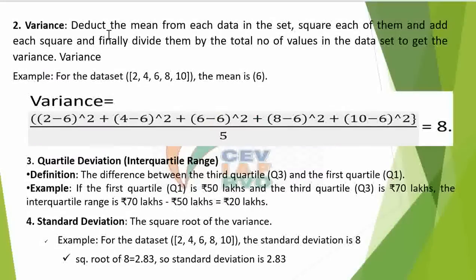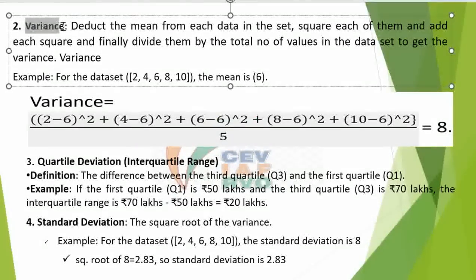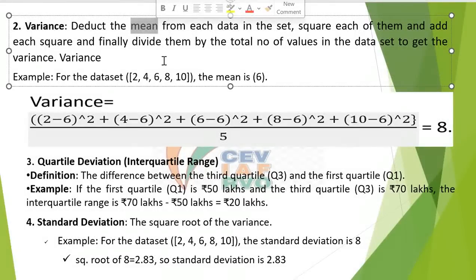Next is variance. How can you calculate the variance? See here. First, deduct the mean. Means you have to first calculate the mean. Mean of what? Mean of the data set.